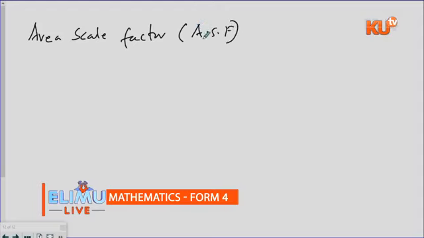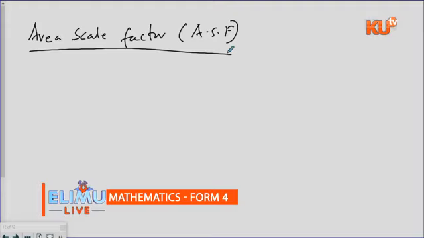Our next item, we're talking about area scale factor. That is ASF. Now, we can have a case for the object being mapped onto an image with a certain area.